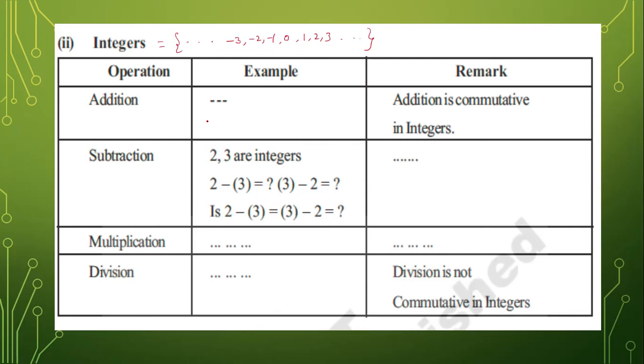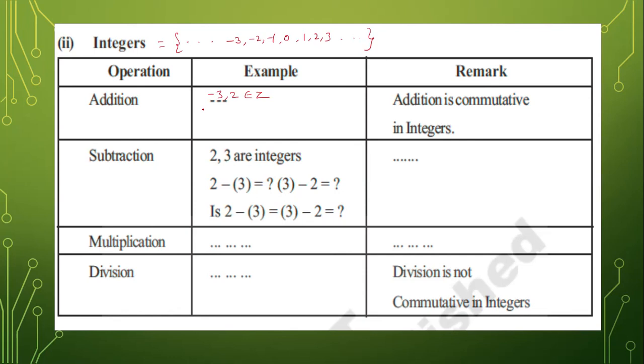Look there. You take any two integers, minus 3 and 2. Minus 3, comma 2 belongs to. I write the symbol, this symbol is called belongs to. That means minus 3 and 2 are integers. What is the symbol for integers? Z. Here minus 3 and 2 are both integers we have taken, and you check the commutative property under addition.